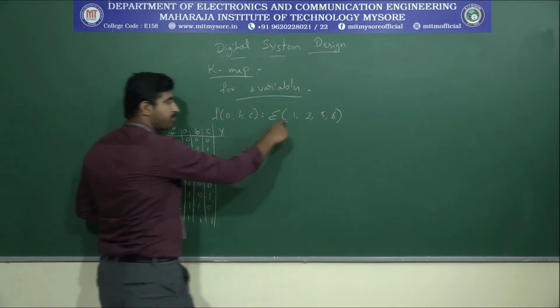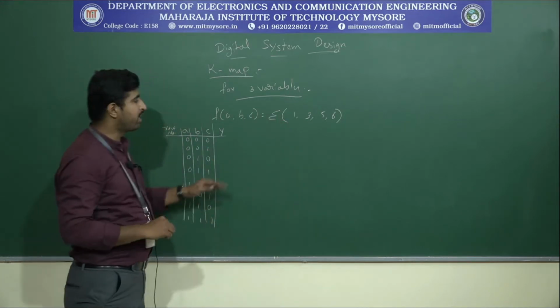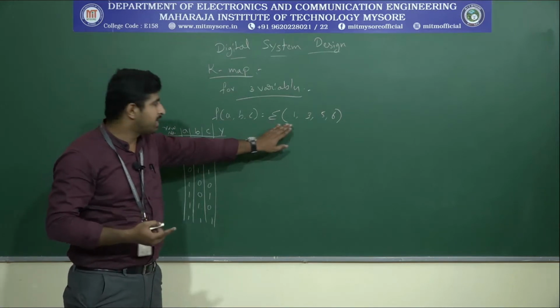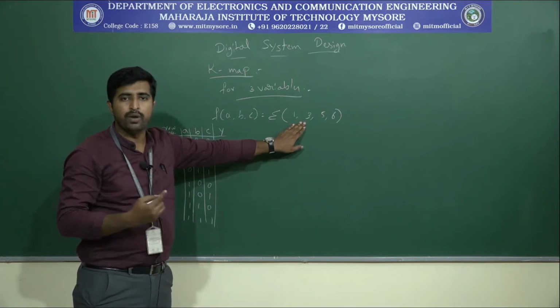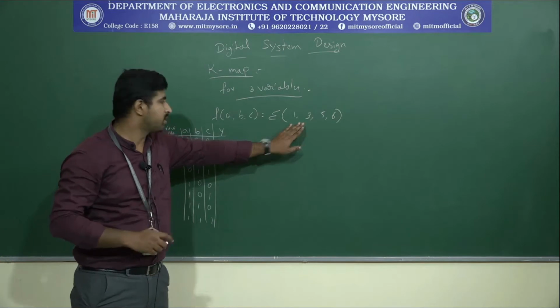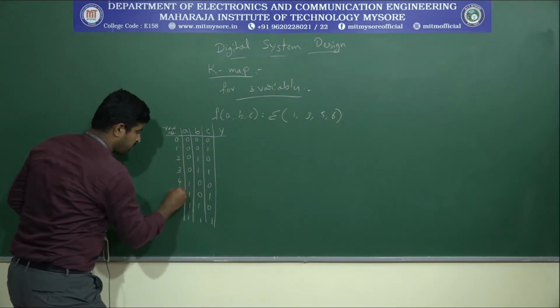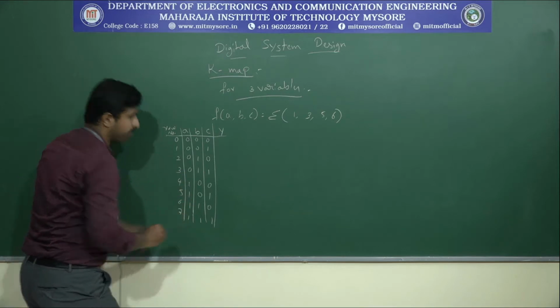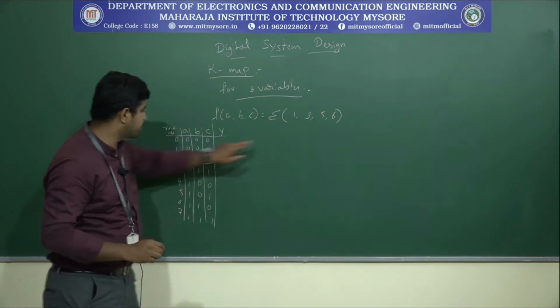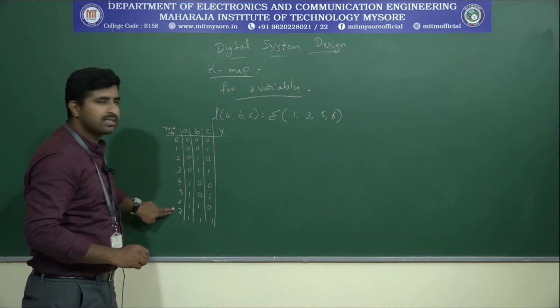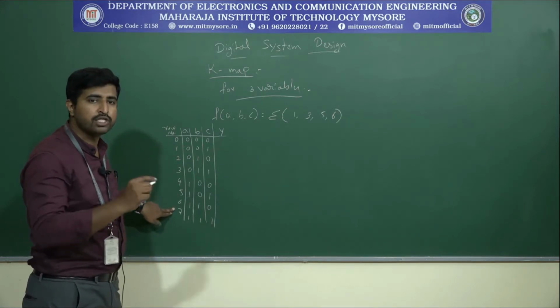So according to the equation, we get to know that this is summation. This indicates that the output corresponding to the decimal number will be a logic 1.